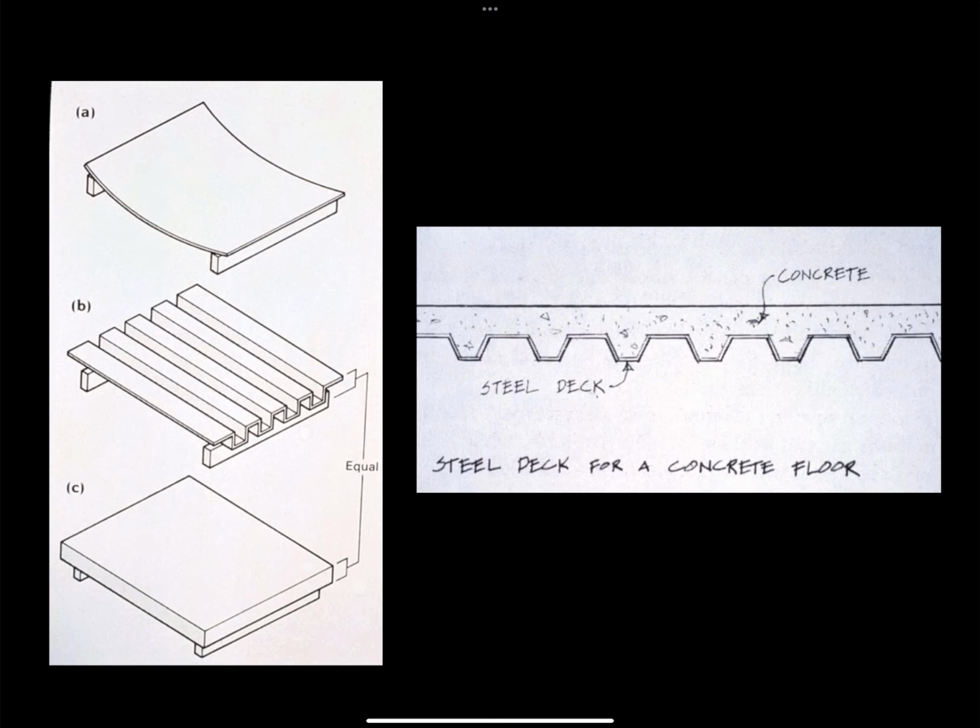The most common floor system used with steel frame structures is to use a corrugated steel deck as permanent formwork for pouring a site cast concrete slab. And the value of this is pictured in the image on the left.